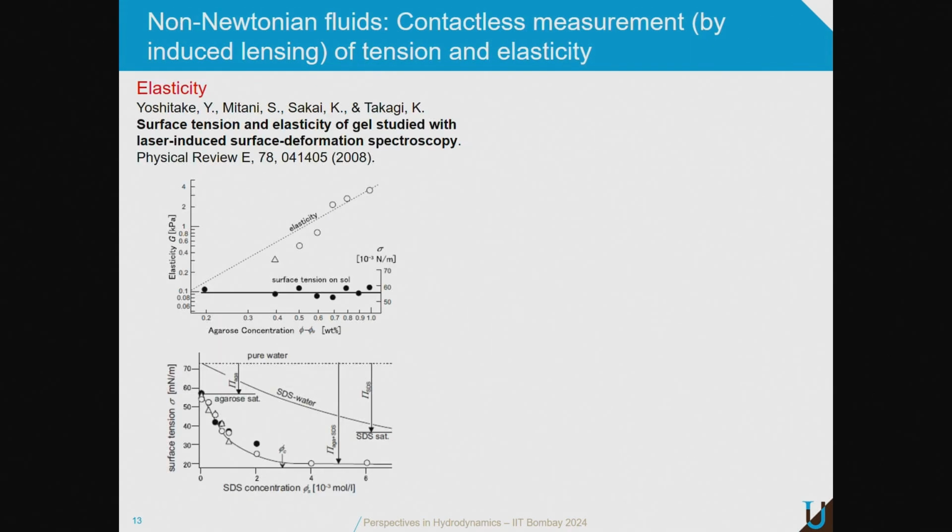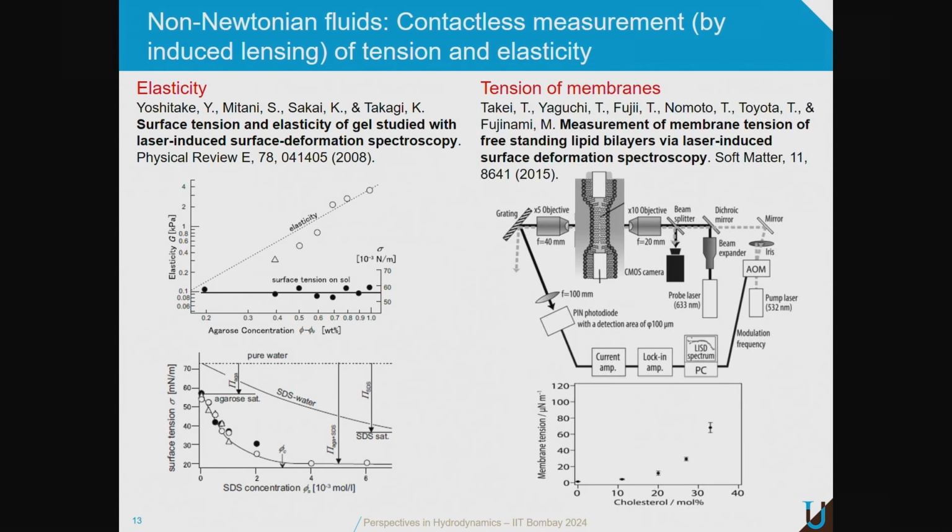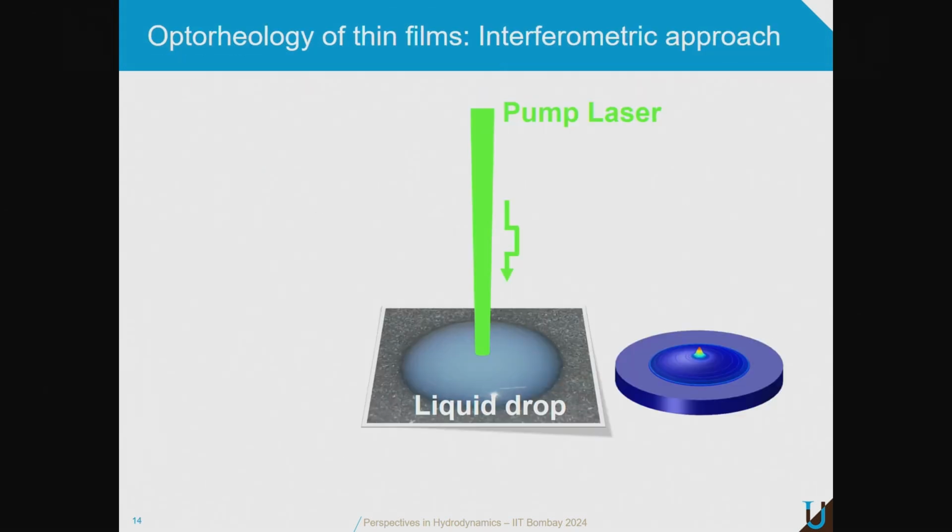They also try this experiment, but at least I have to mention them, to measure some elasticity in viscoelastic gels. And for whoever is interested, they also try to measure the tension of membranes. You have a membrane on a frame, and then you can shine a laser and look at this kind of deformation at this size.